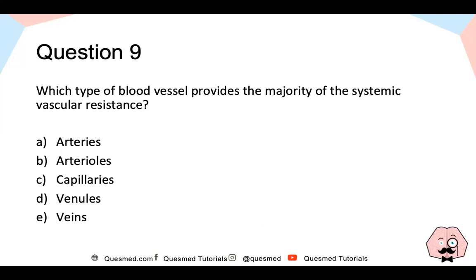Question 9. Which type of blood vessels provide the majority of the systemic vascular resistance? Is it A, arteries, B, arterioles, C, capillaries, D, venules, or E, veins?